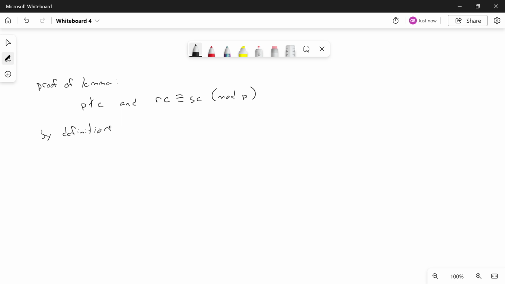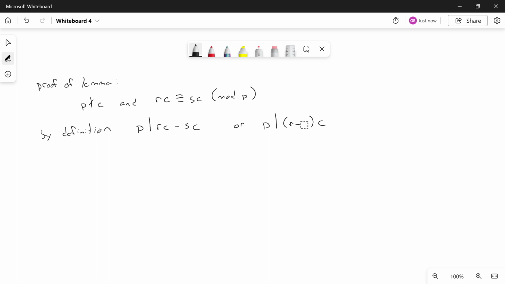If RC is congruent to SC mod P, that means P divides the difference between those two. So P divides RC minus SC, or we could rewrite this as P divides, I can factor out the C, so I'm left with R minus S and C.